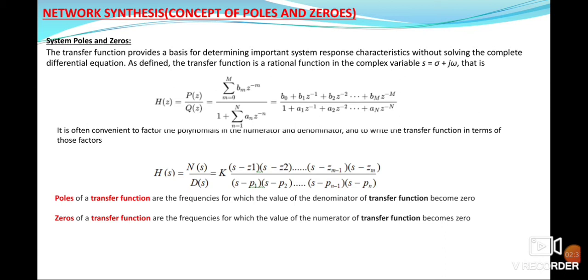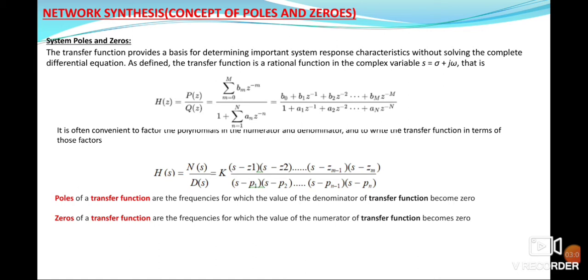And in the denominator, it will give us (s minus p1), (s minus p2) and so on. And k is the constant here. k is the system gain. And from this equation, we will learn how to calculate the poles and zeros of a transfer function.